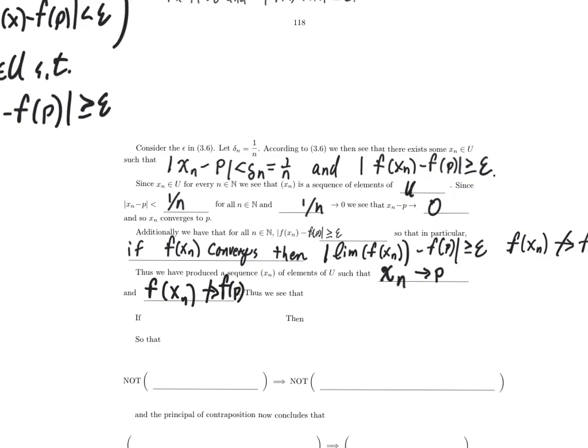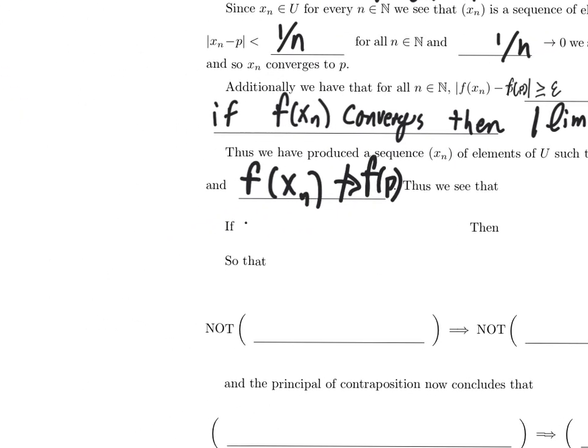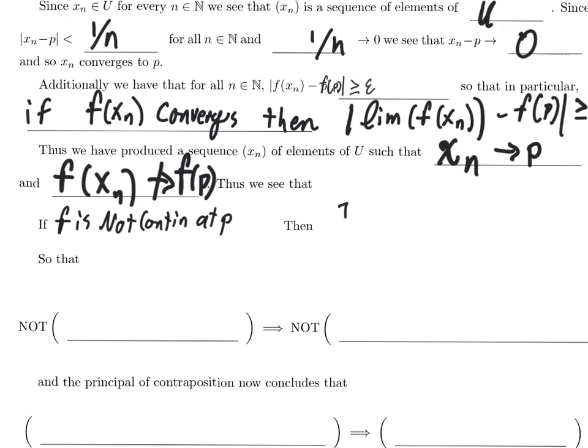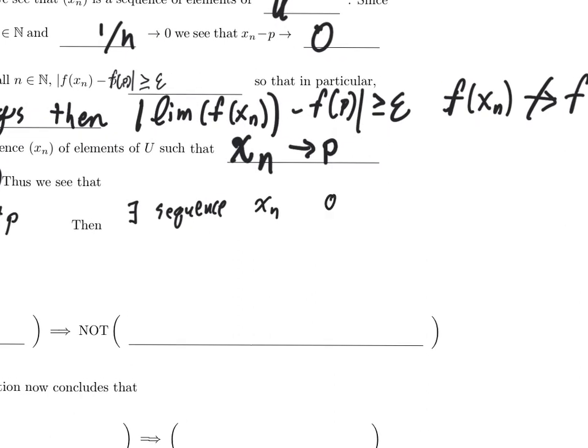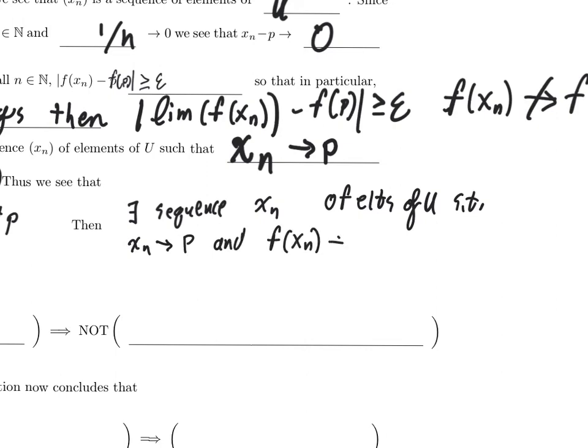Thus, what have we shown? We've shown that if f is not continuous at p, then there exists a sequence x_n of elements of U such that x_n converges to p and f of x_n does not converge to f of p.